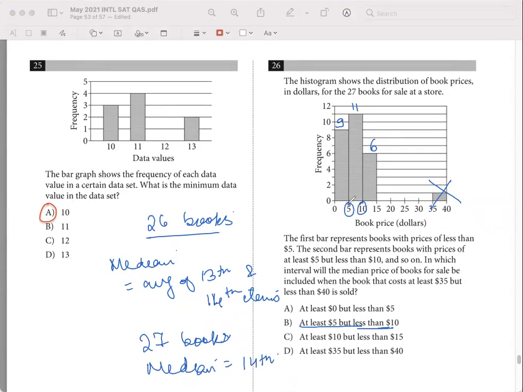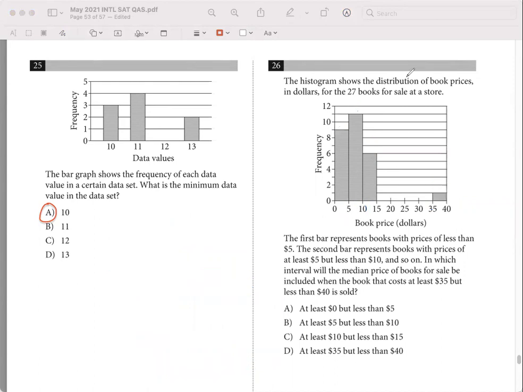So removing the outlier does not really affect the median. Even if you have an outlier, the median is a better measure of the data set than the mean, because the mean would definitely be affected by the outlier. So here it's B, at least 5 but less than 10.